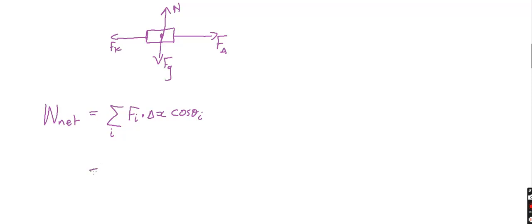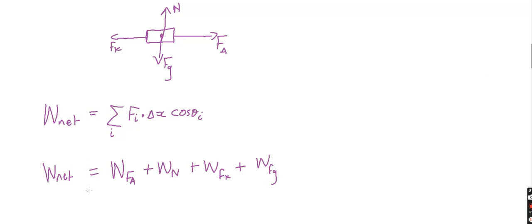But what I want you to use instead, so that it makes sense to you, is that the net work will be the work done by the force Fa, plus the work done by the normal force, plus the work done by the frictional force, plus the work done by the force of gravity.